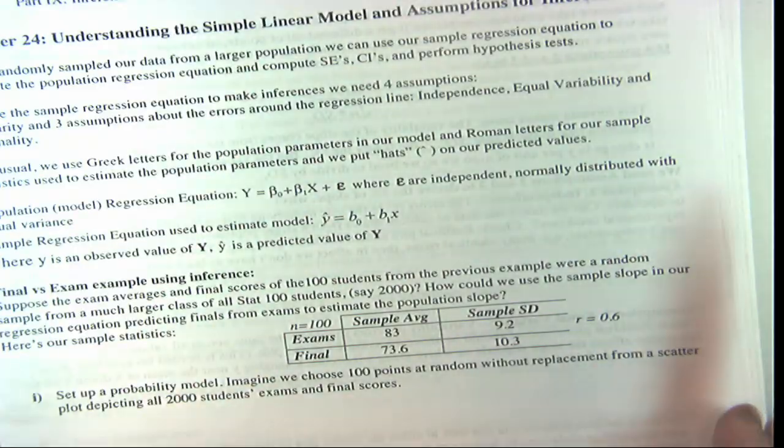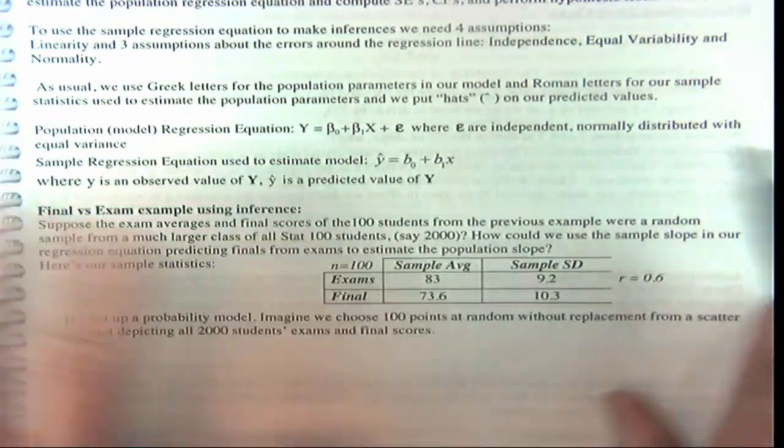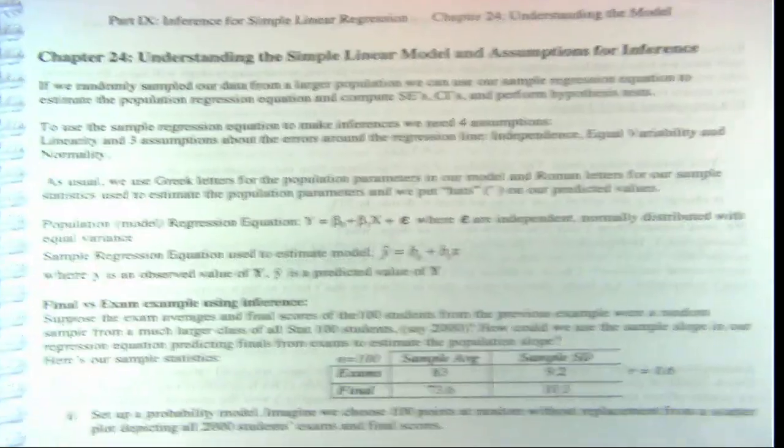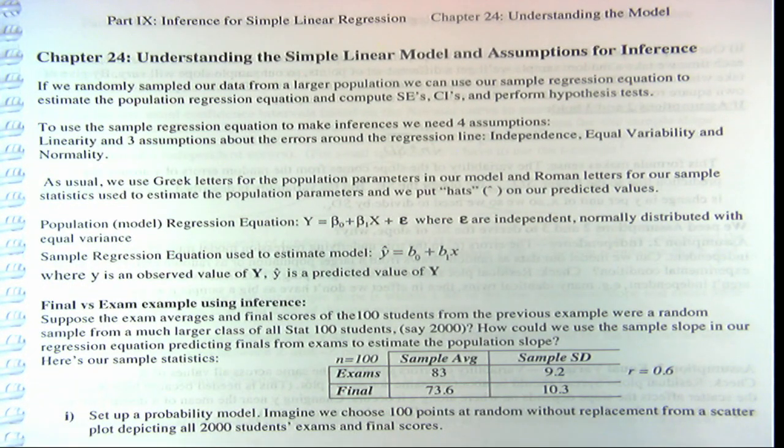So speaking of that, right now we attach margins of error to our predictions, but now we're going to look at attaching margins of error to our slopes. Like imagine that these 107 students weren't the whole class. Let's say they were randomly sampled from a much larger population.